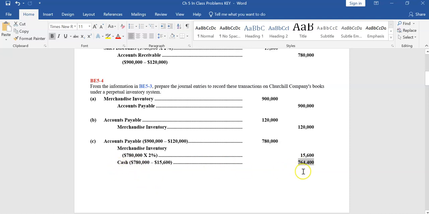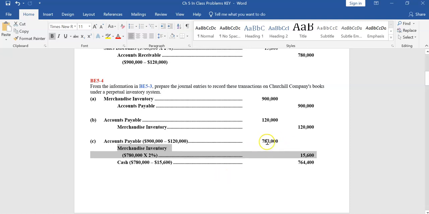So their cash will decrease $764,400, so we credit cash. We debit the liability for $780,000, and the difference between the original purchase price and the discount taken needs to adjust the inventory account, because the amount we have recorded in the inventory account for the purchase must always reflect its actual cost.